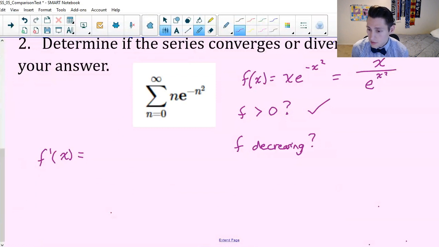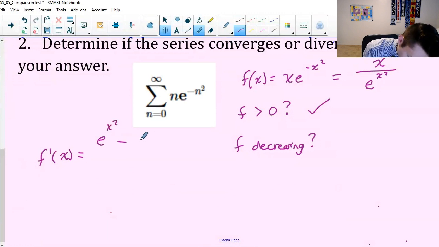So is f decreasing? So we're going to have to take the derivative. So we're going to need to use a quotient rule. Okay, it's back. So the bottom times the derivative of the top, that would be 1, minus the top times the derivative of the bottom.